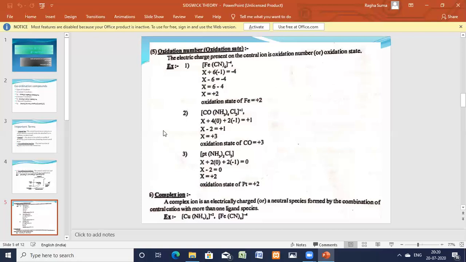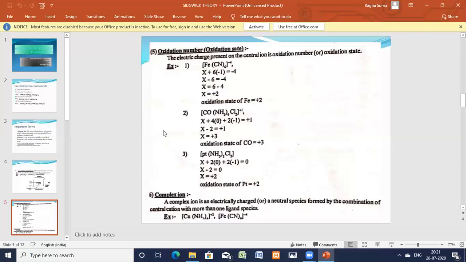Before explaining the Sidgwick theory, you need to know how to calculate the oxidation states. Now coming to what a complex ion is: a complex ion is an electrolytically charged species, or sometimes a neutral one.